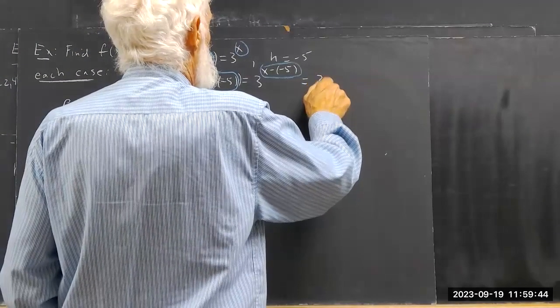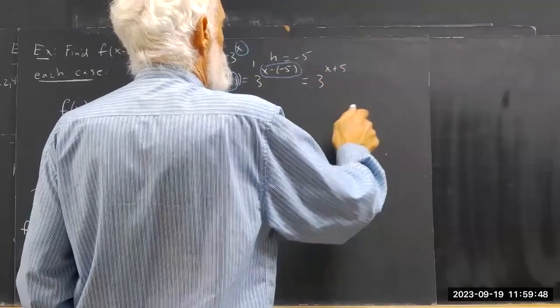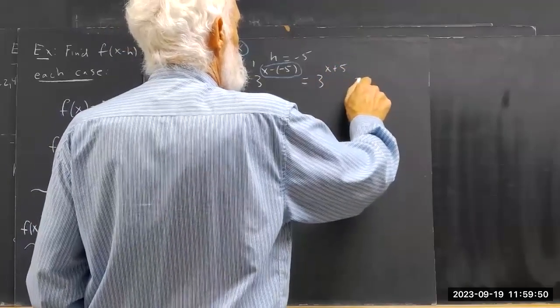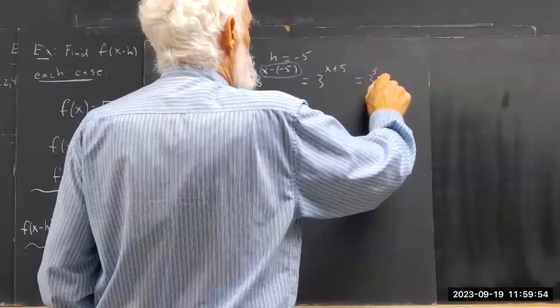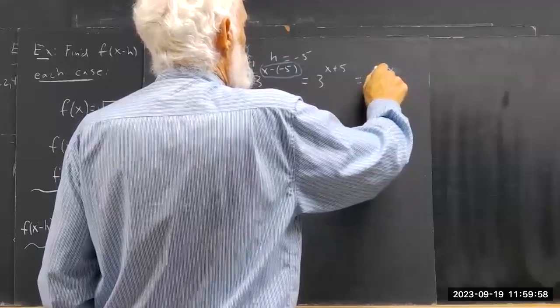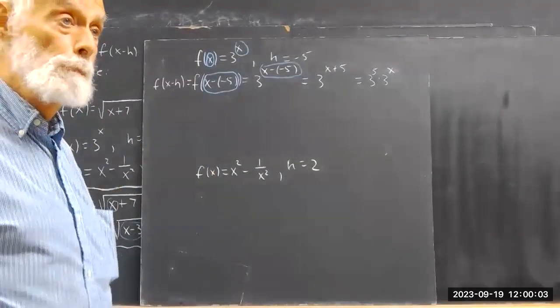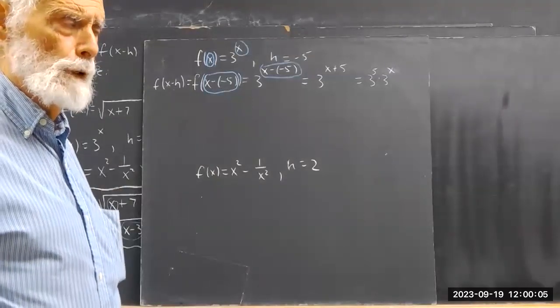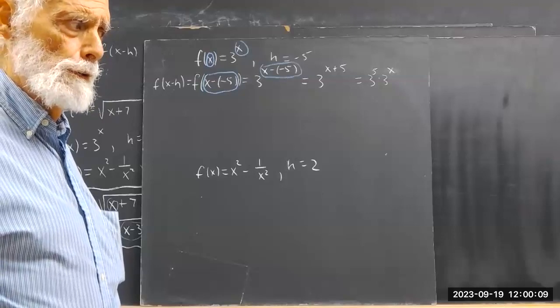And of course, that's 3 to the x plus 5, which could be written as 3 to the 5th times 3 to the x, and 3 to the 5th is 341. Okay, 3 to the 5th is 343.